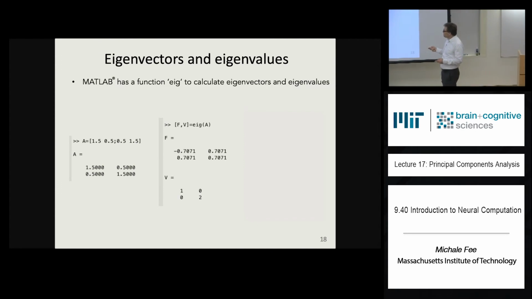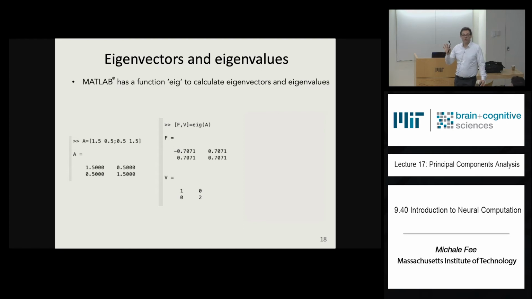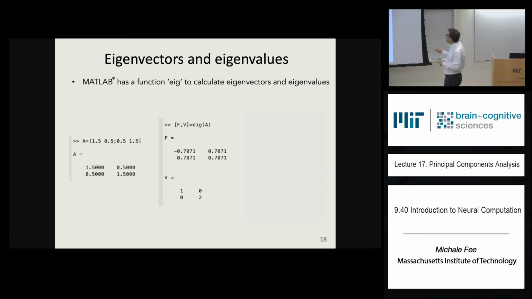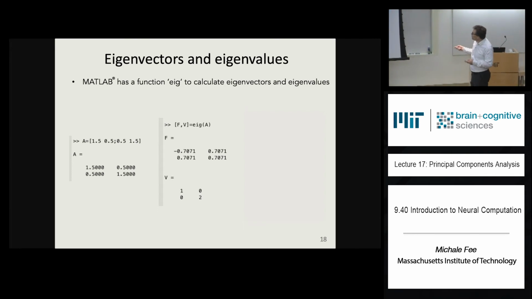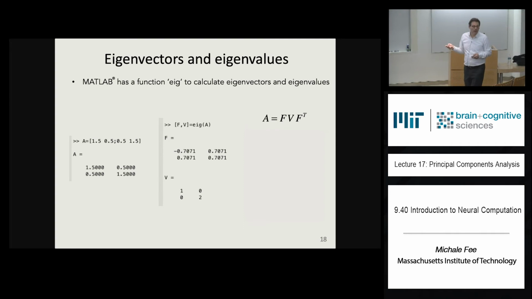Okay. All right, so let's push on toward doing principal components analysis. This is just the machinery that you use. I had one more panel here, which is just to show you that if you take F and V, you can reconstruct A. So A is just F, V, F transpose.